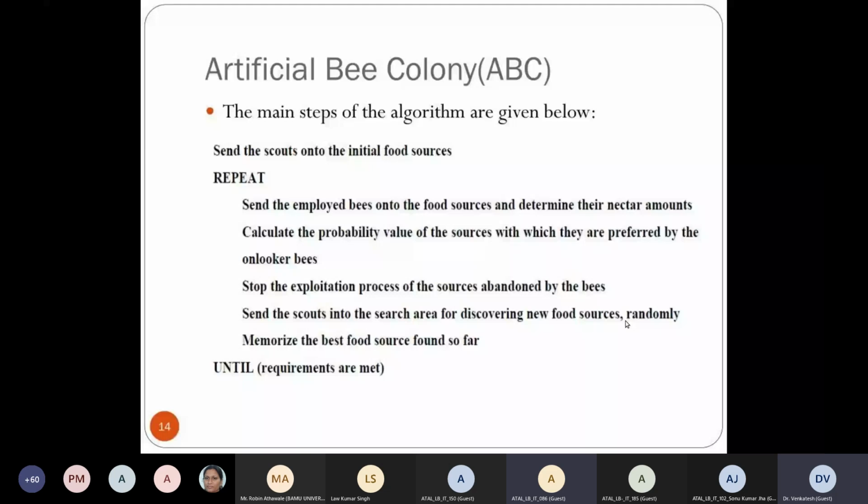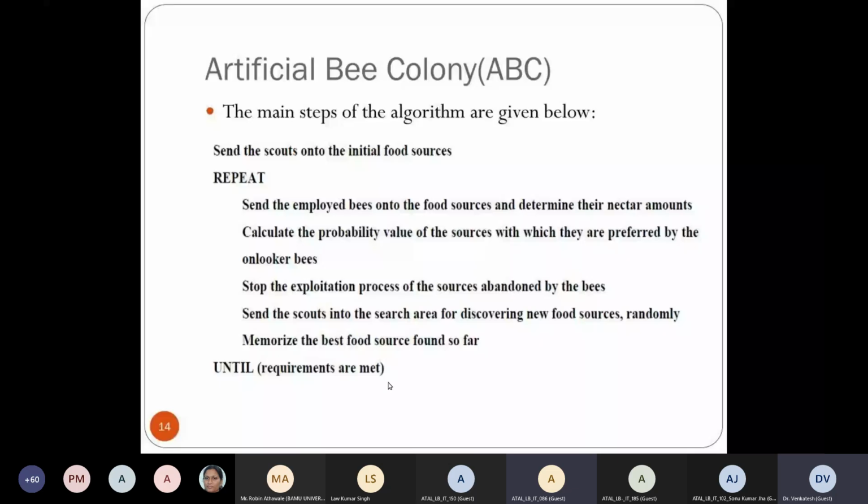In every iteration, the best food source found needs to be memorized, meaning it needs to be saved by the end of every iteration. We should keep running these iterations multiple times until our requirements are met. These requirements can be a maximum number of iterations, a maximum amount of time, or until you find a required solution.